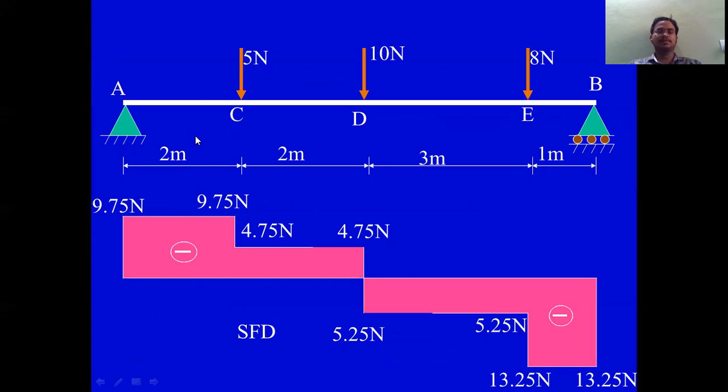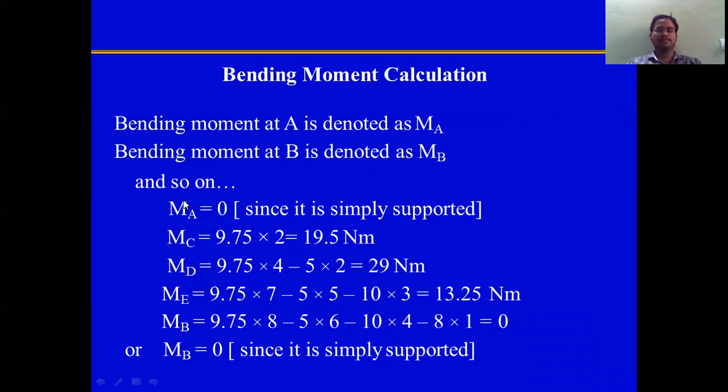At C, the upward is 9.75 into 2. So it is in clockwise direction. So we consider it as positive. And similarly at D, E, B, we are getting the bending moment values.